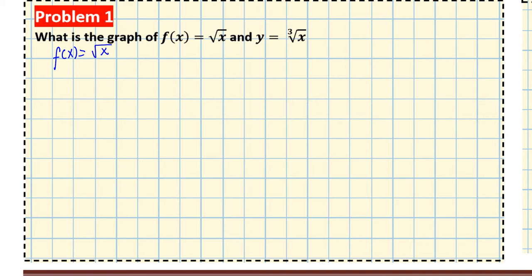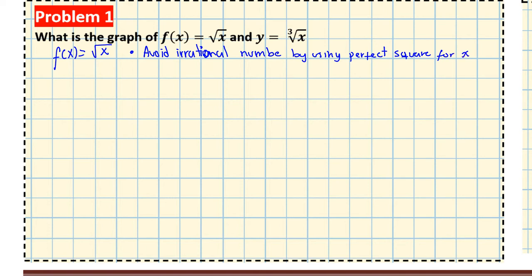Now, in order to graph this, I'm going to follow two general rules. Rule number 1 is that I'm going to avoid irrational numbers by using perfect squares for x.